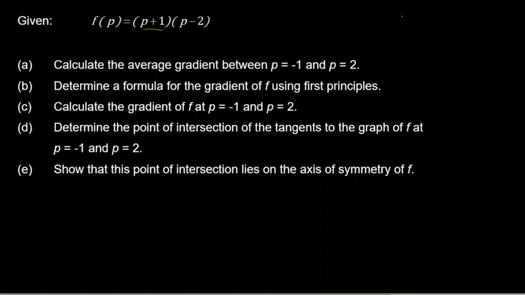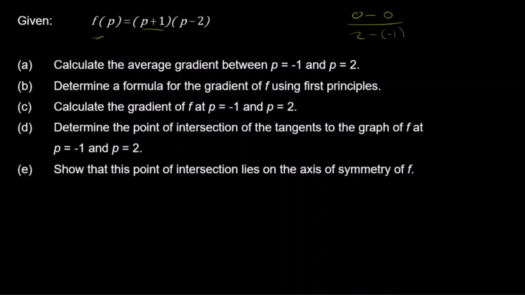If we make p equal to -1, in this function we'll get a 0, and over there we'll get 0, so this will end up being 0 minus 0 over, well, 2 minus -1, and that's just 0. So that's equal to the average gradient over there.